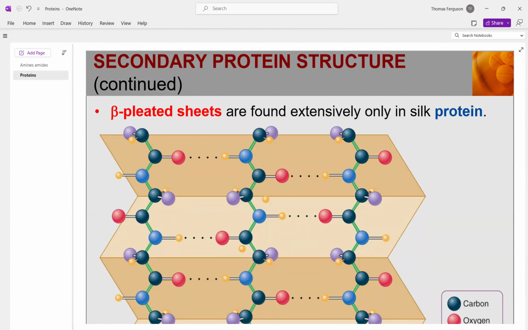And mention up there, silk looks like this microscopically. And silk is the only pleated sheet protein out there. Pleated sheets are very common. They're just in combination with alpha helix.